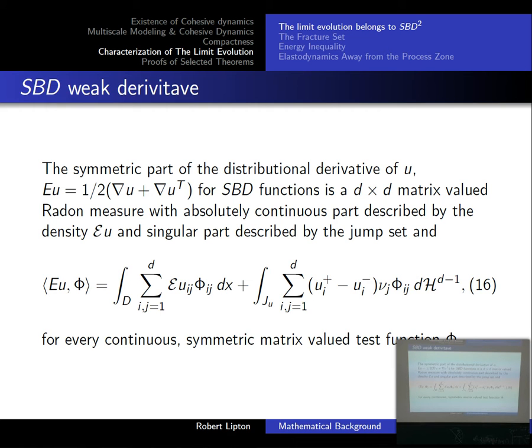Now, general BD functions also have a Cantor part, another singular part in addition to the jump part. But we throw that out, and the Cantor part is diffuse and spread out. This is concentrated on jump sets, and this is what we use.